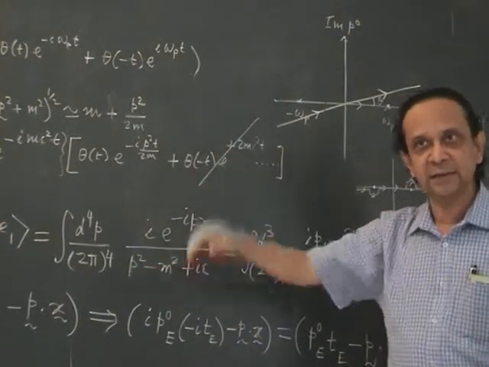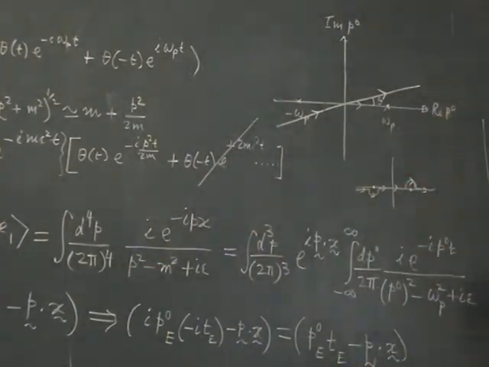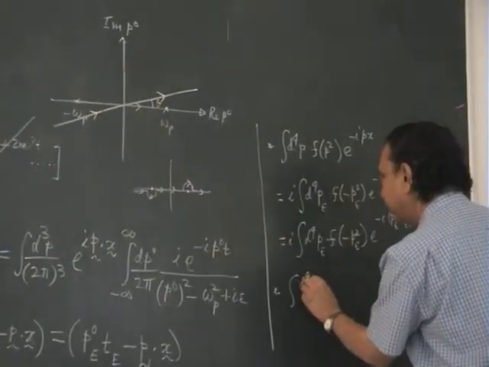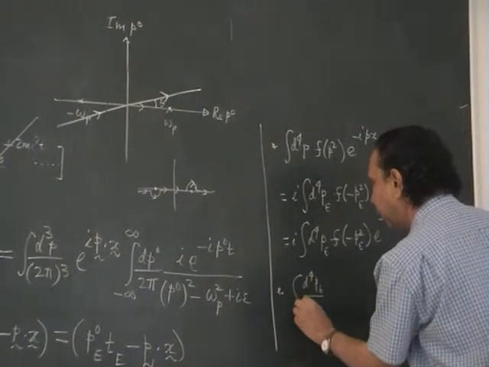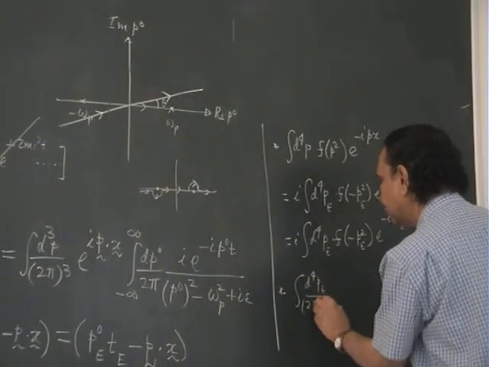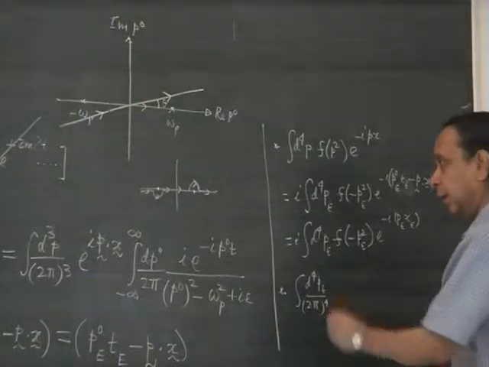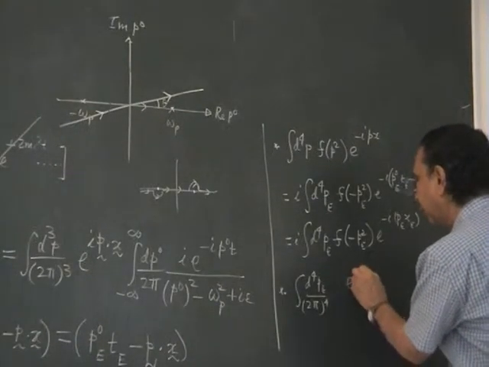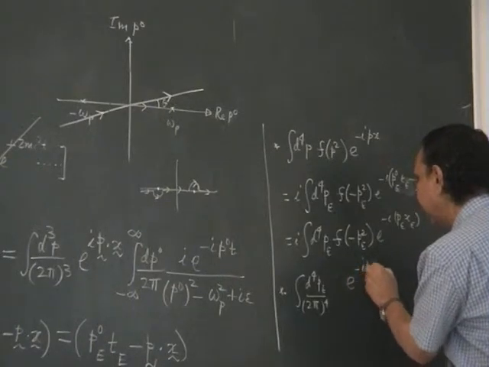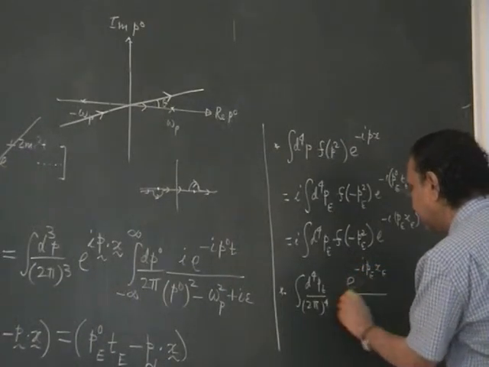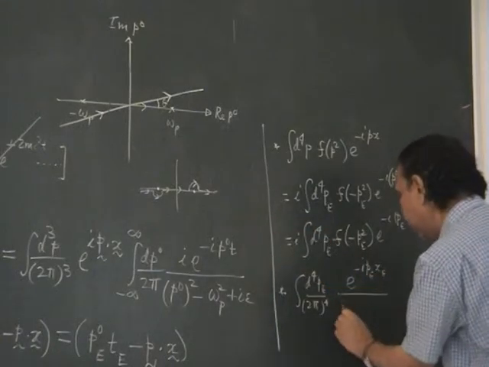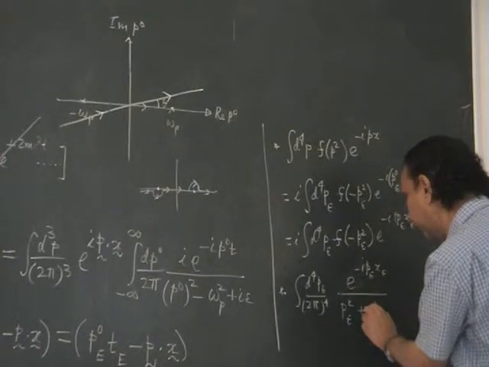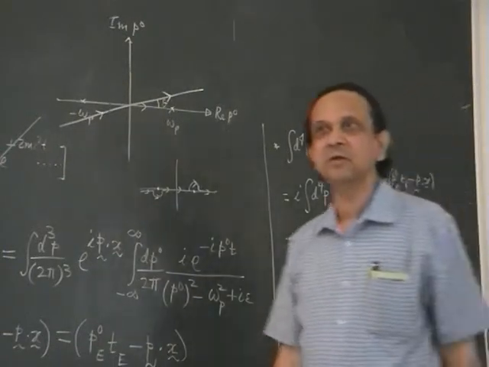So those two minus signs go away, and that integral will become integral d4 of p e upon 2 pi to the power 4, e to the minus i p e x e, nothing happens to Fourier transforms, divided by, in the denominator you have p e square plus m square, and there is no need for any i epsilons anymore.